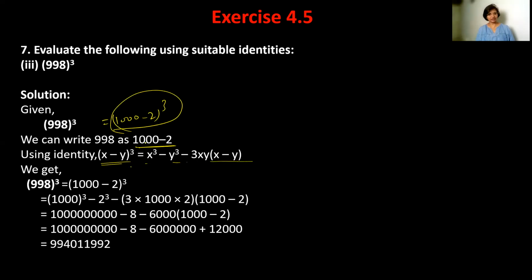We put 1000 in place of x and 2 in place of y, and we get the answer. You have to be very careful when solving these numbers with zeros, because if one zero is missed, there will be a drastic change in your answer, so the answer will be wrong.